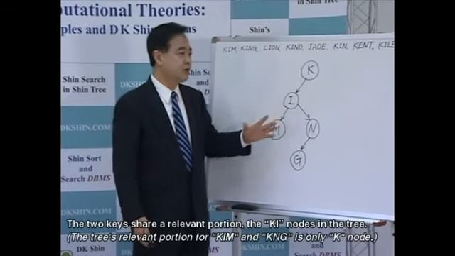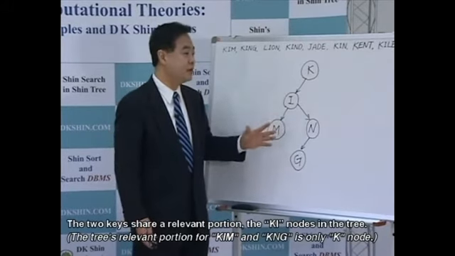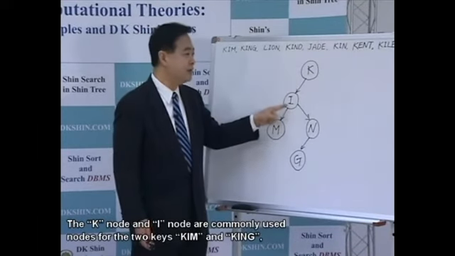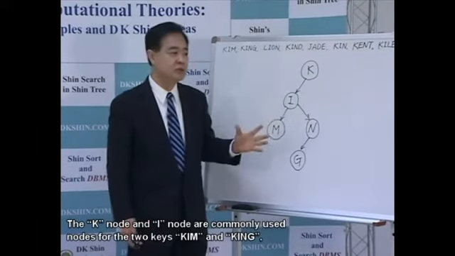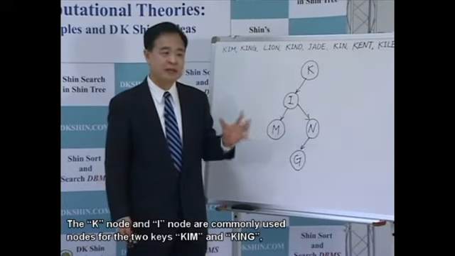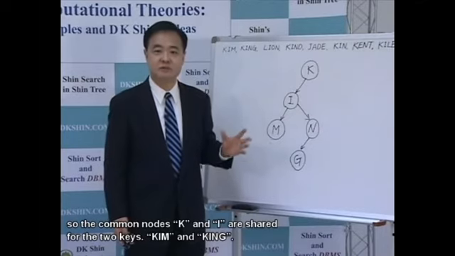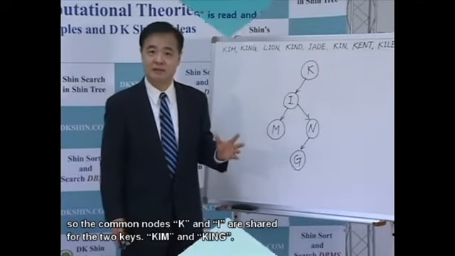The 2 keys share a relevant portion, the Ki nodes in the tree. The K node and I node are commonly used nodes for the 2 keys, Kim and King. So the common nodes, K and I, are shared for the 2 keys, Kim and King.